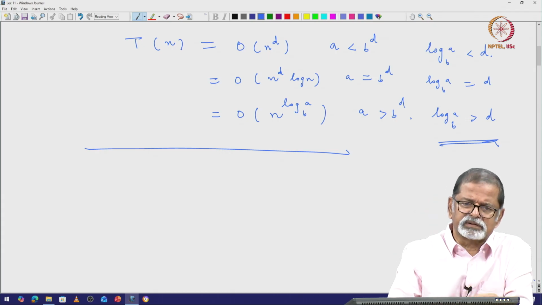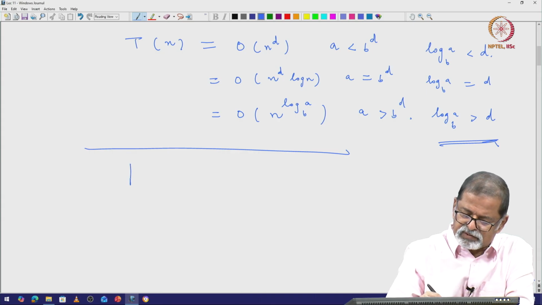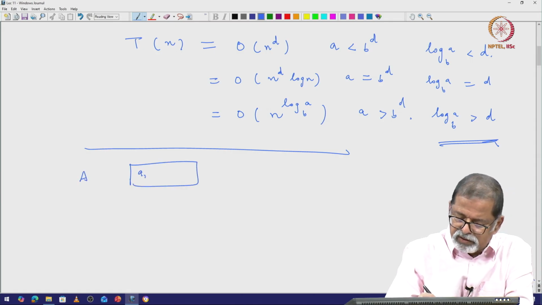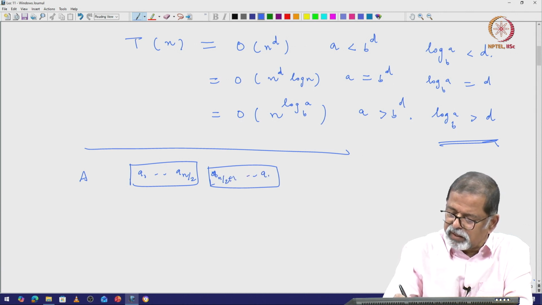And what Karatsuba has done is the following. First he has come up with a divide and conquer algorithm that works as follows. Call the first number a and split it into a1 to a n by 2, and a n by 2 plus 1 to an.